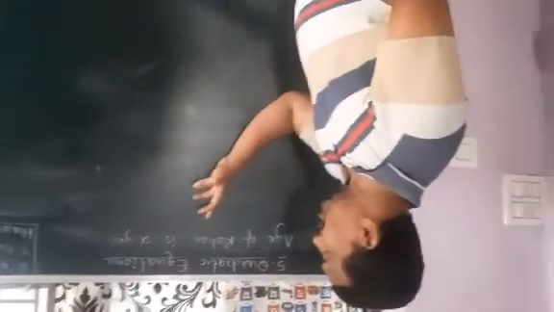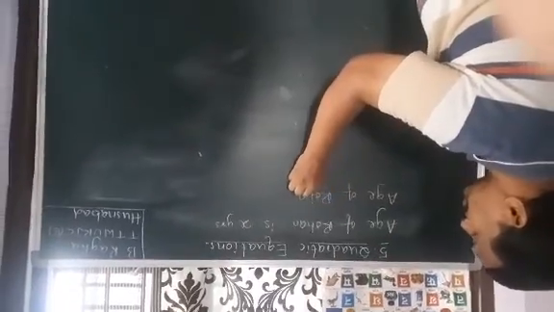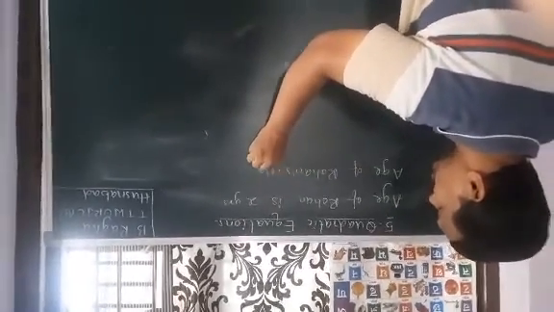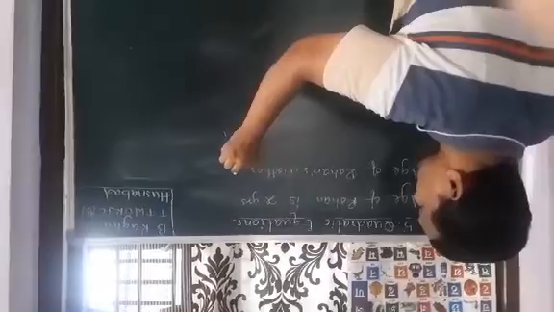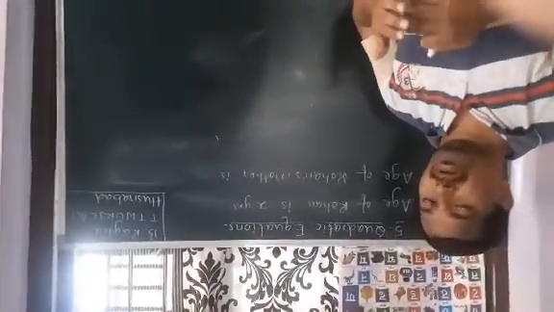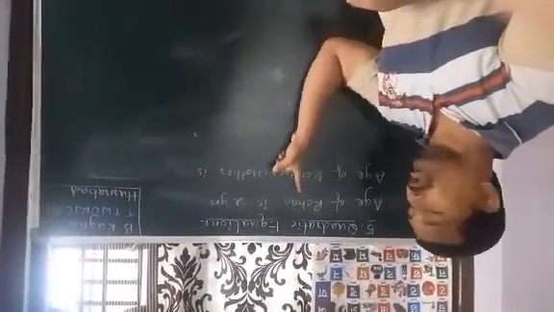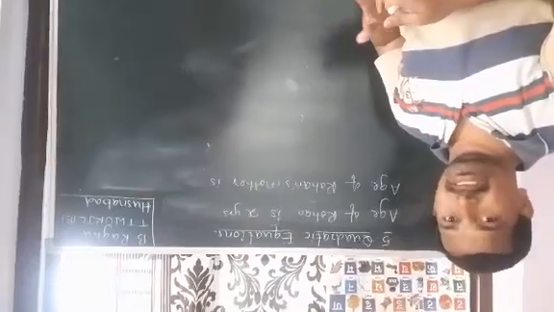Age of Rohan is x years. Then the age of Rohan's mother is, tell me, what? 26 years older. Older means we have to add 26 years to Rohan's age. Are you getting?